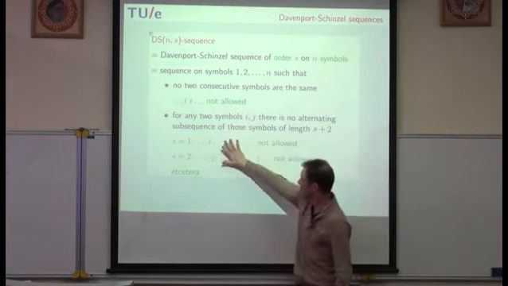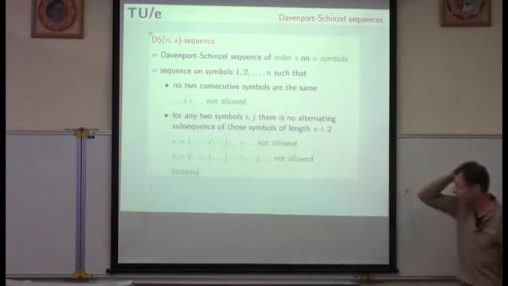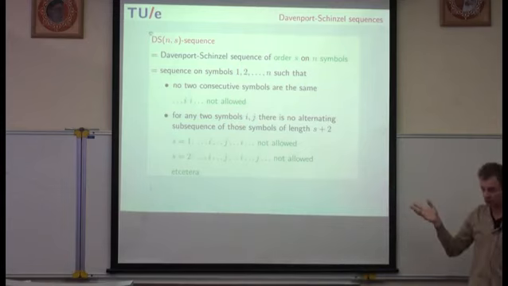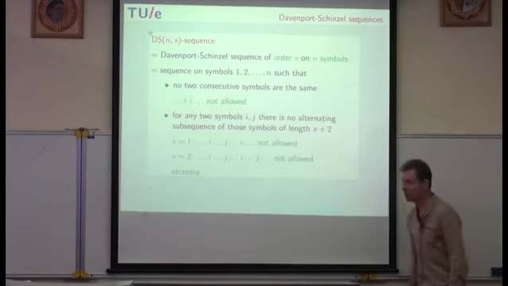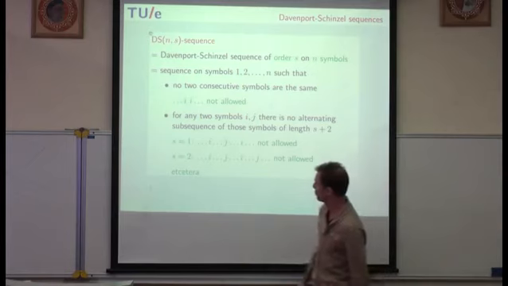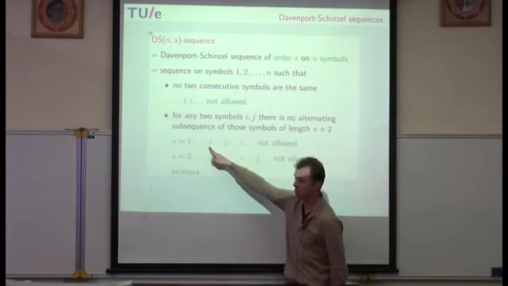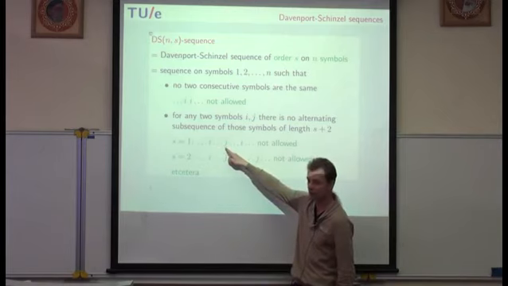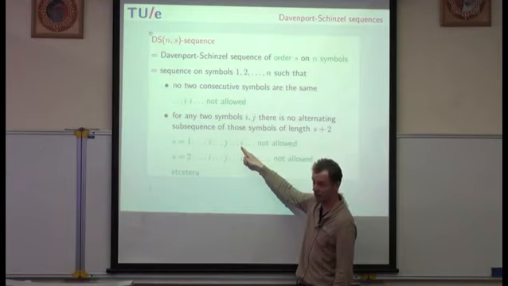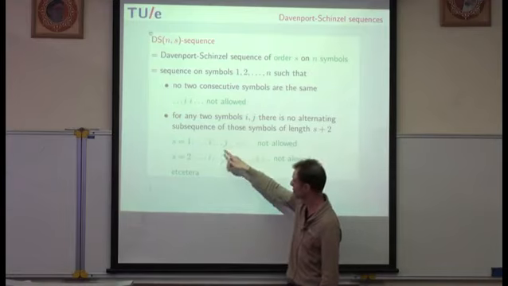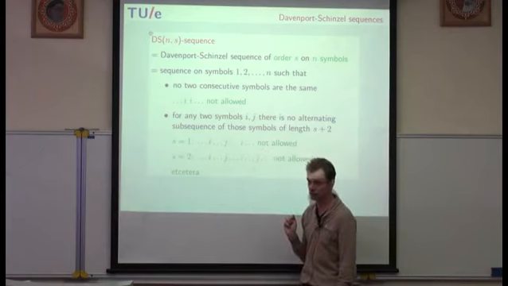The second thing depends on this parameter S. It says that, for instance, if S equals 1, then if you use some symbol I, and then later you've used some J, then you're not allowed to have another I. So the subsequence I J I is not allowed.